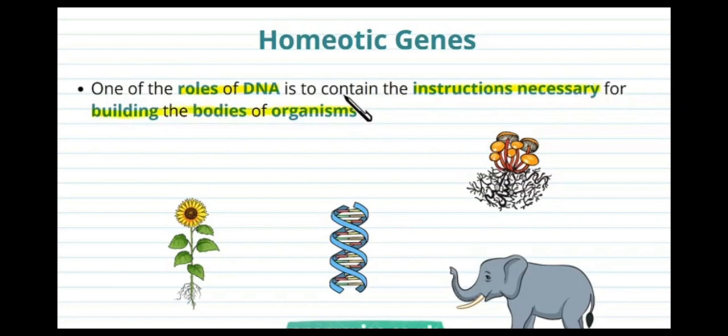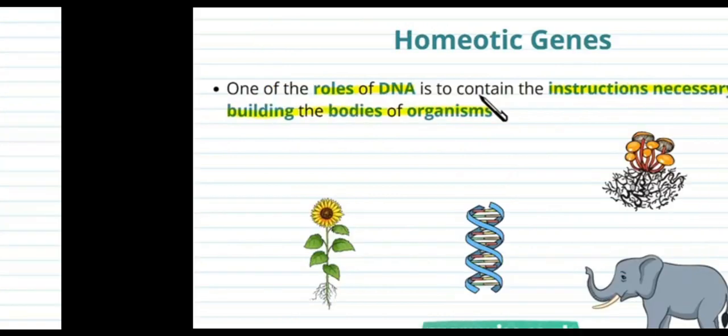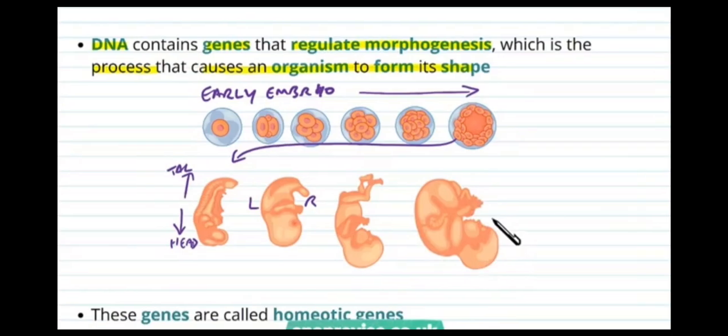Certain region is the anterior region, certain region is the mid region, and certain region is the hind region or the posterior region. DNA contains genes that regulate the morphogenesis, which is the process that causes an organism to form its shape.